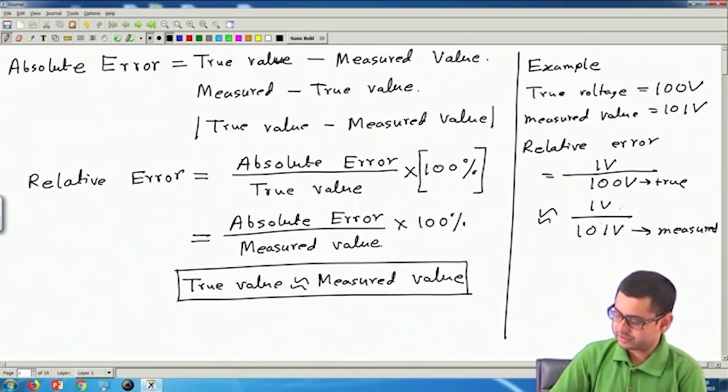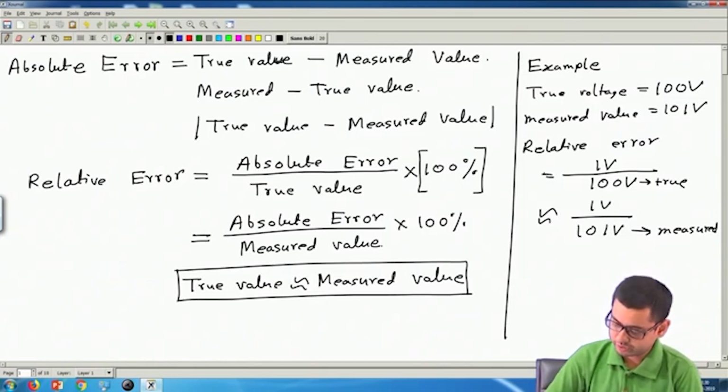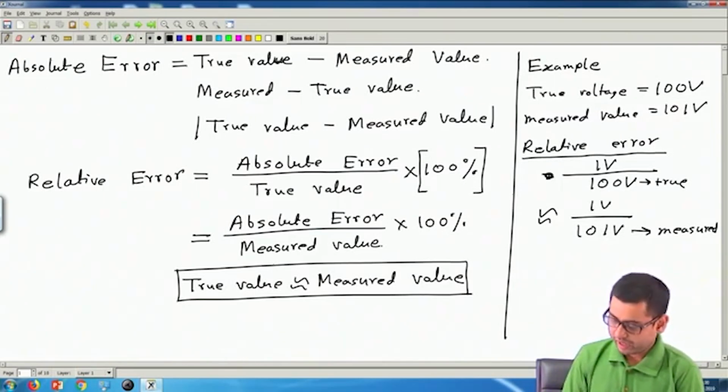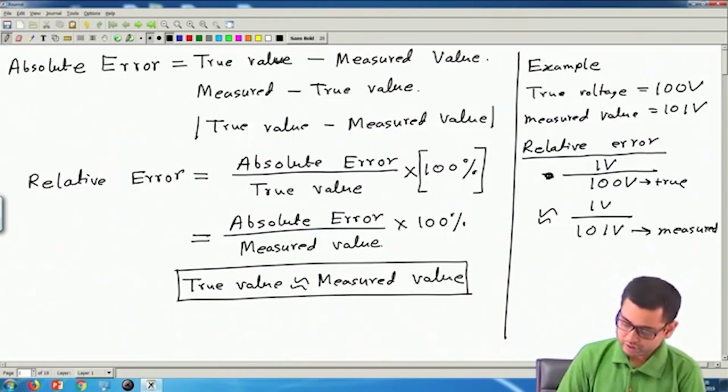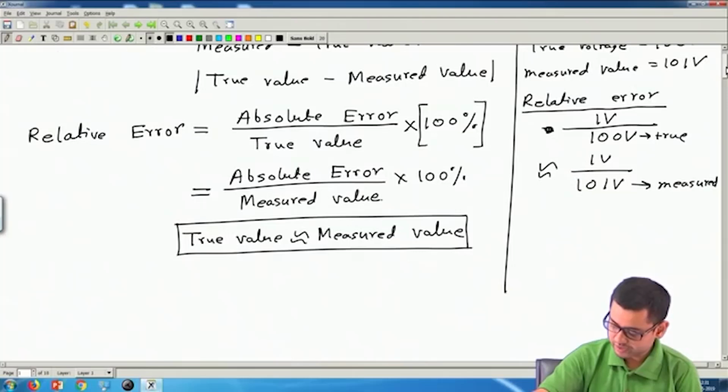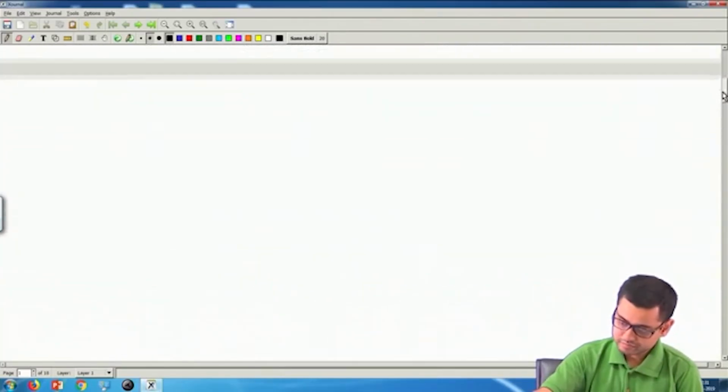Both are quite close, so you can use either definition. If nothing is specified, you can use either and your result should be similar.